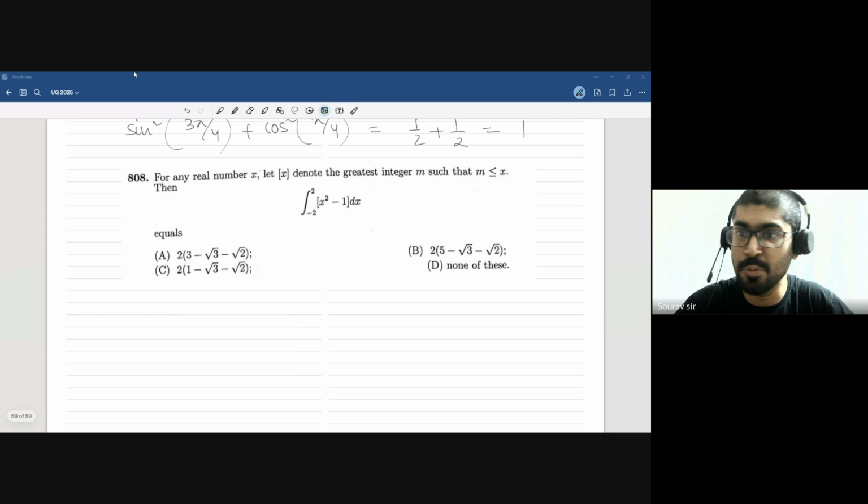We know that the output will always be an integer, so we can break our integrals accordingly. All right. Try, everyone.